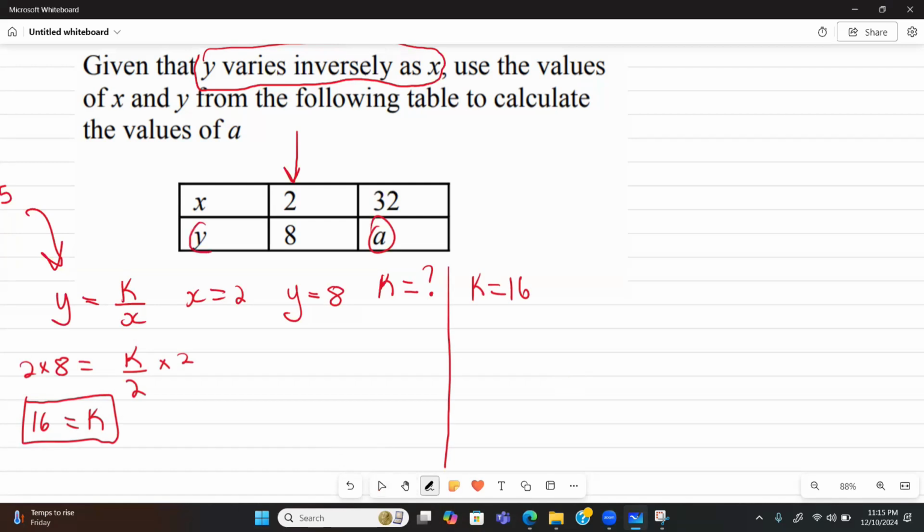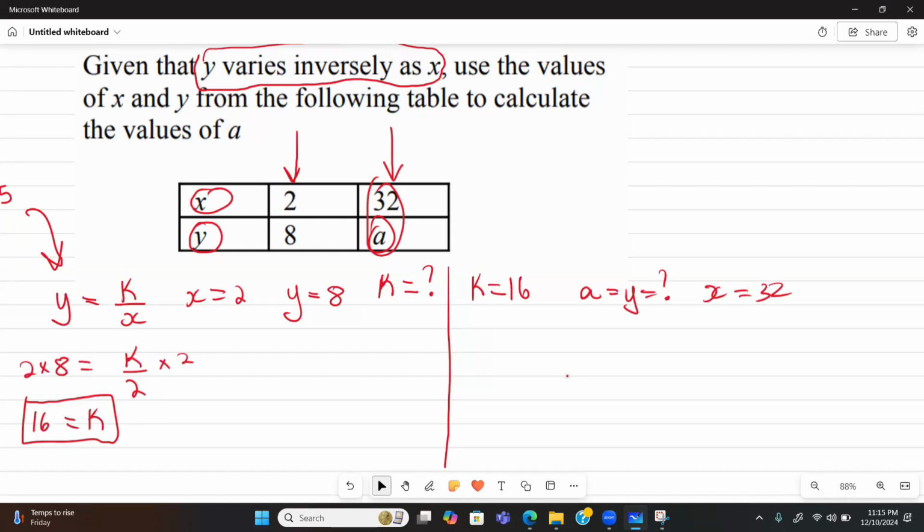Remember, A is in the y row, so it's a y value. So we could say A is a y value that we are trying to find. Look in this column here, you realize that 32 goes with it. 32 is an x value. So x is actually equal to 32.